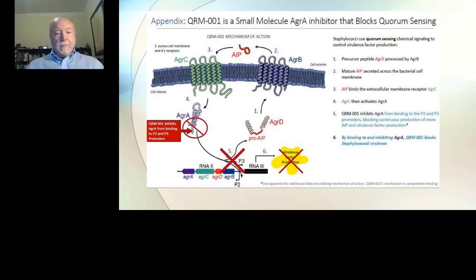And by blocking this pathway, it should be that we reduce or completely eradicate the toxic effects of certain bacteria. And here they've been looking at Staph aureus. So this is a new way to affect the virulence, and that should ameliorate the effects of the disease and maybe even prevent the disease.